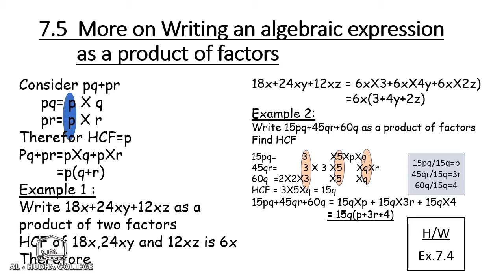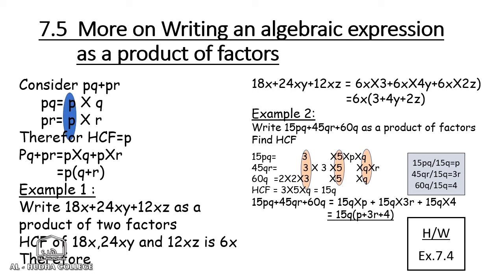So 3 into 5 into q, that is 15q, is the HCF. Now you can divide each term by the HCF and find the remaining. The addition of those remaining terms will be another factor in addition to the HCF.